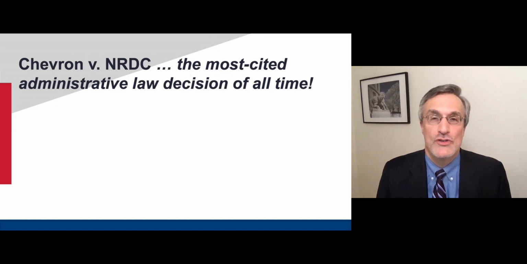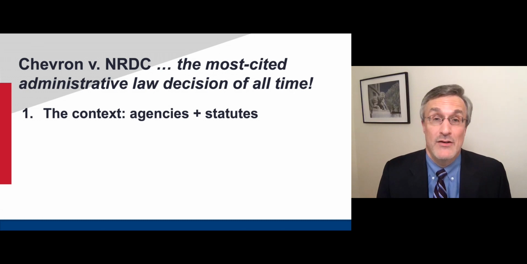What I'm going to do today is walk through four basic points. First, I'm going to provide some background on the administrative state. Administrative agencies make up a lot of what the federal government does, and they are creatures of statutes. They are created, empowered, and constrained by statutes.